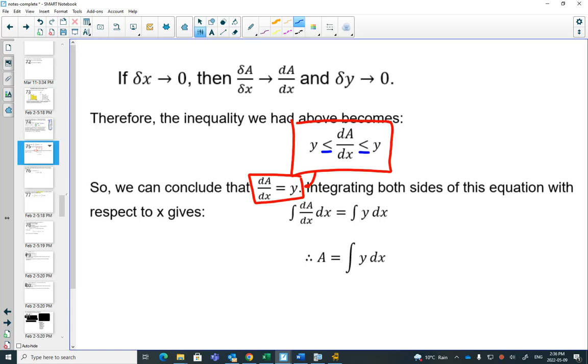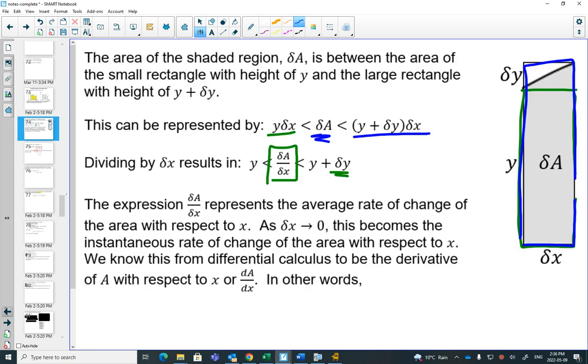So why not have this all the way through? Because when we started, it definitely wasn't equal, so it wouldn't be true where we started off. It could be equal if you had a flat line. Oh, fair enough. So maybe in that situation, if it was a flat line, there could be a possibility of an equal part there.